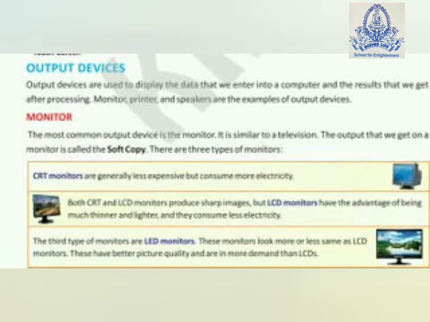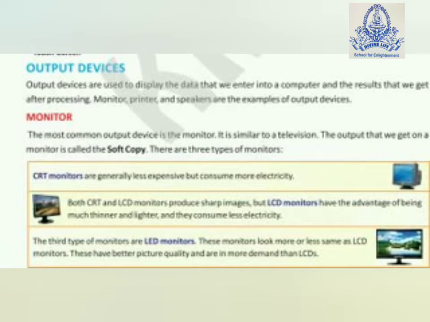Then we should discuss what is a monitor. The most common output device is the monitor. There are 3 types of monitors. They are CRT monitors, that is cathode ray tube monitors, LCD monitors, that is liquid crystal display, and light emitting diode monitors, that is LED monitors.